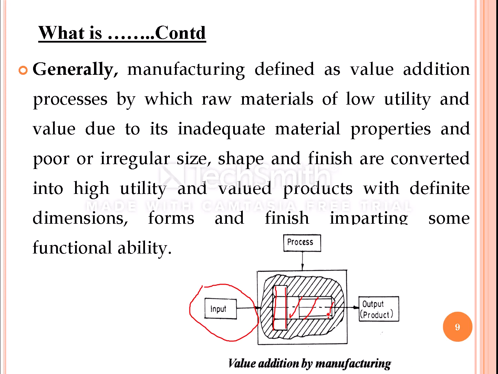So we have the ingot or bar material initially. Then we need the bolt function. So we need to convert the raw material into functional material. This is the process of manufacturing.